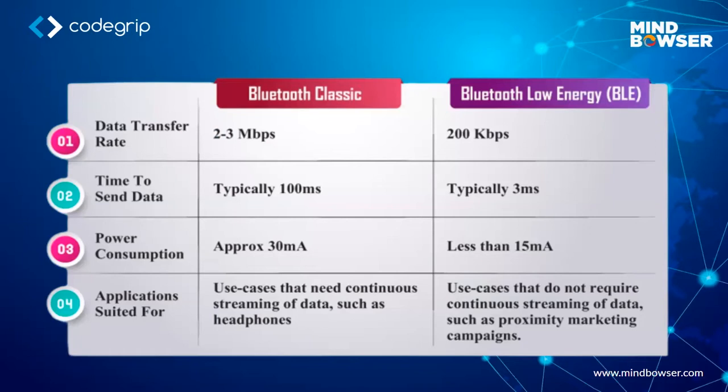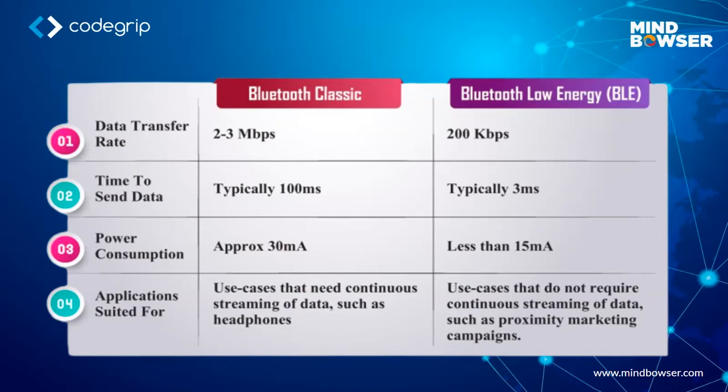The main difference lies in how they distribute data and power: Bluetooth Classic is used to transfer lots of data continuously but consumes high power and costs more. BLE transfers the smallest packets of data over short periods of time using low battery power. Here are a few differences in terms of their performance. We'll see one by one.